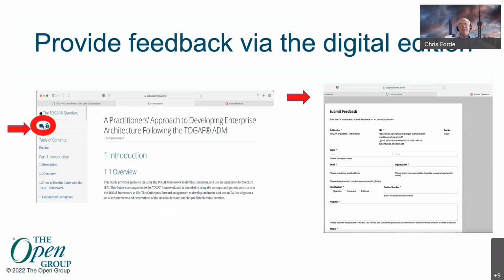Now, a very important feature available to you via the digital edition is the ability to provide feedback on any part of the TOGAF standard. So as you go down into the content, eventually you're going to get to some text or some diagrams or whatever, and you can click on the icons there that are sort of indicating comments or bugs, and then that'll launch a form for you to provide direct feedback into the standard and the guides, okay?